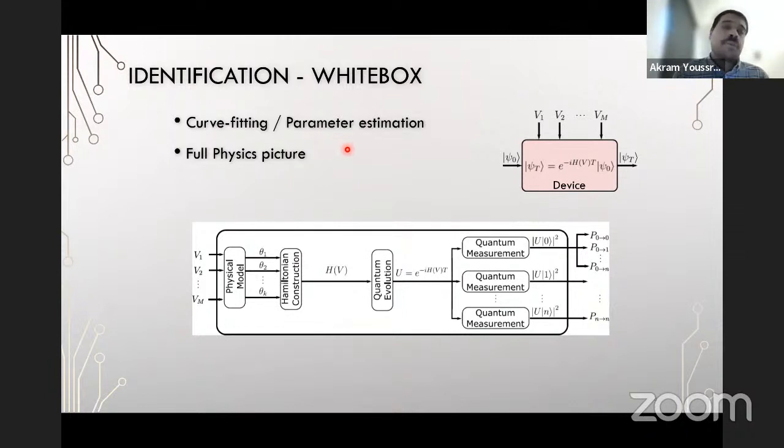Because we are training a model, you can consider this also a machine learning model. We call it a white box because we know everything. We have exactly the equations that relate the inputs and the outputs. This gives you the full physics picture, and this is the best thing that you should start with, actually.